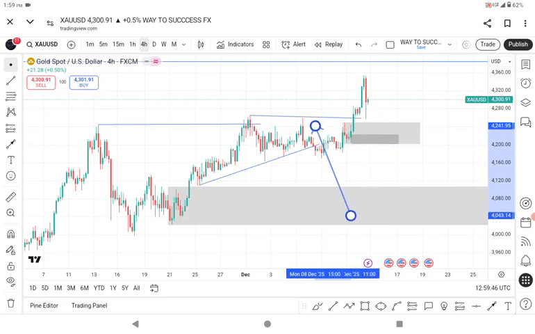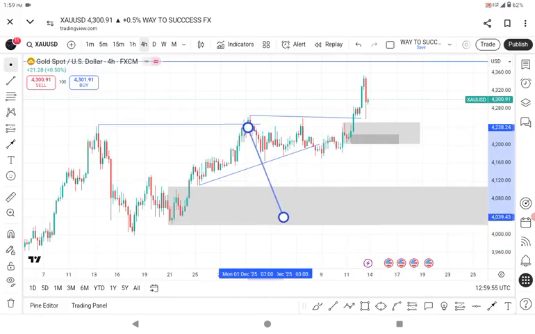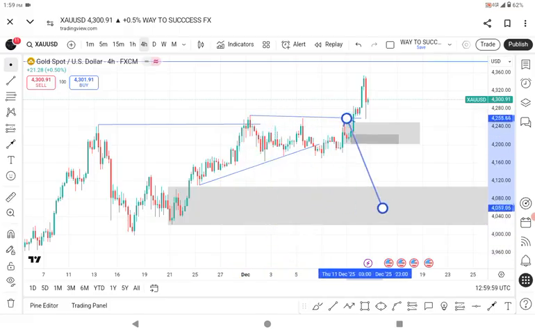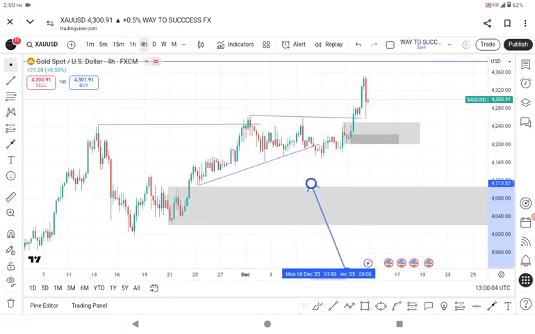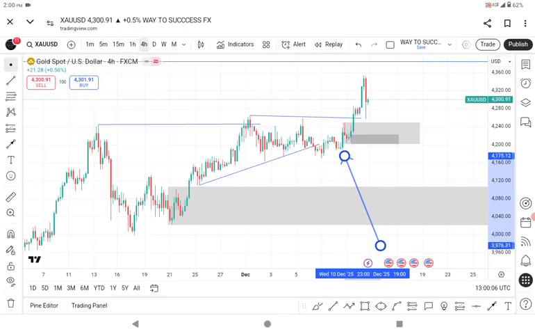But this level will not be called that much of a strong low, because after this sweep of this high, market pulled back down, took out this inducement and broke the structure. So if this level fails, still pay attention to this level, because this level here might hold. So that is my plan going into next week.